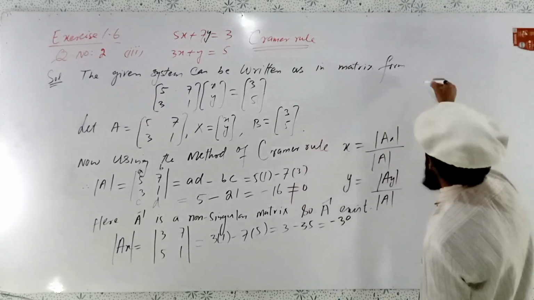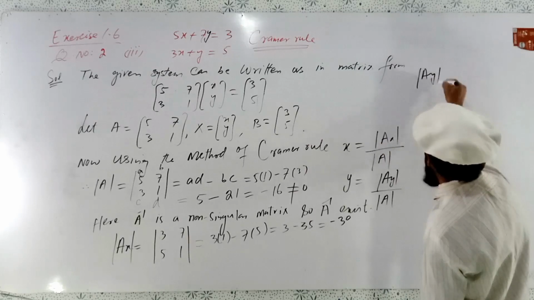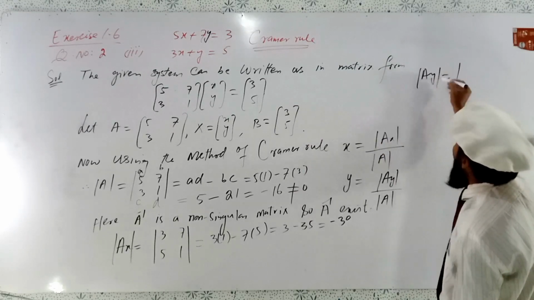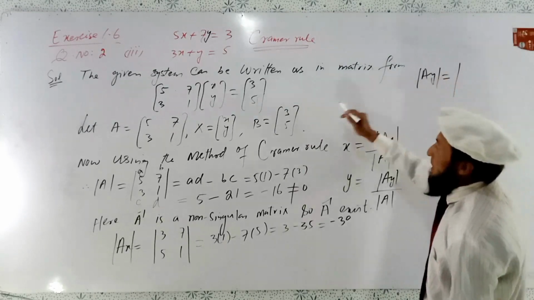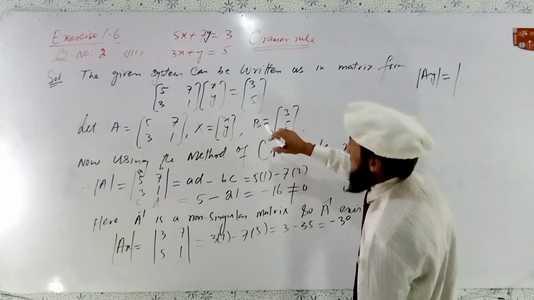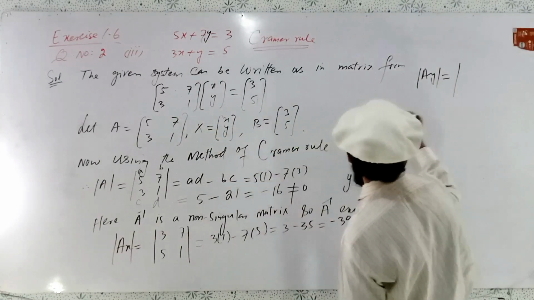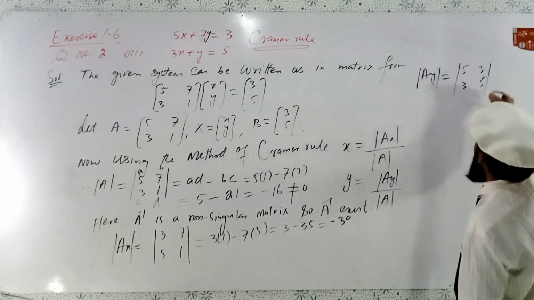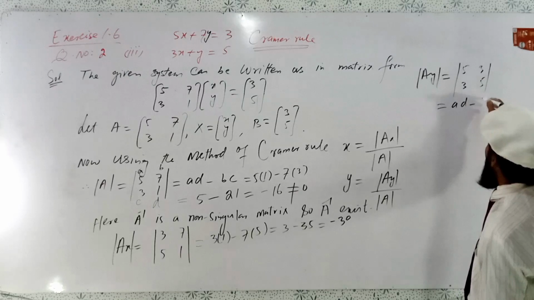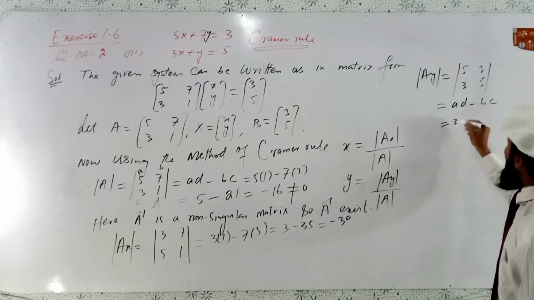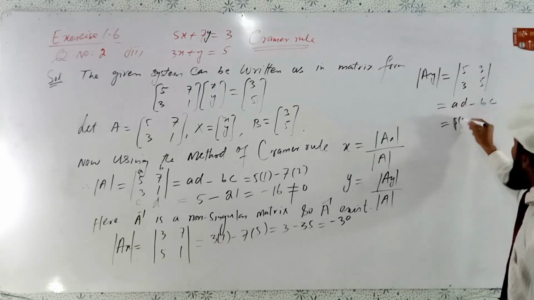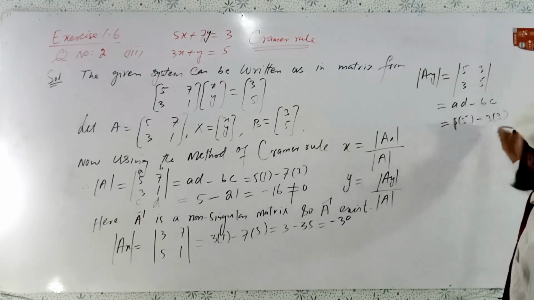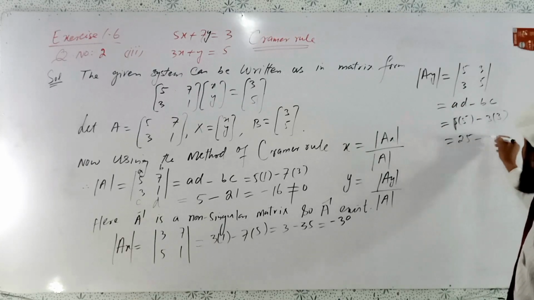So similarly, for Ay, we change the y values, replaced by the B values. It means that here 7, 1 is replaced by 3 and 5. So the same formula we are using, AD minus BC. Here 5 into 5 and 3 into 3. So here is 25 minus 9.